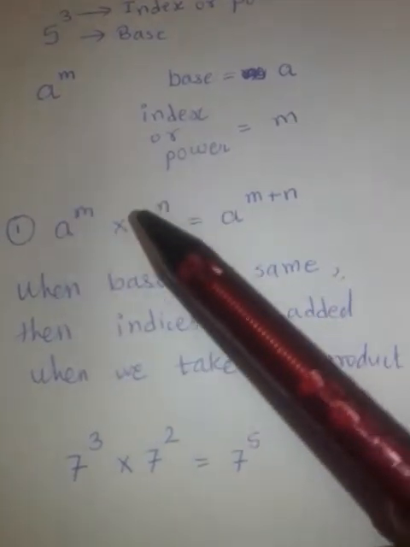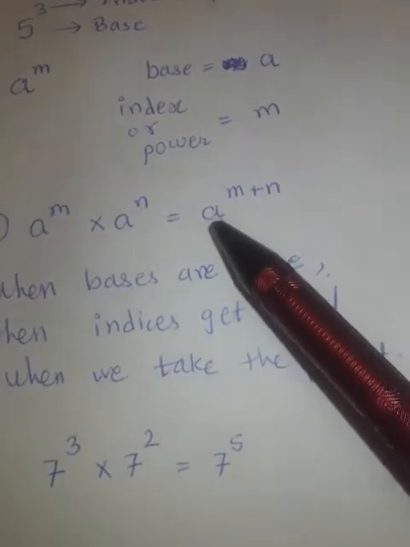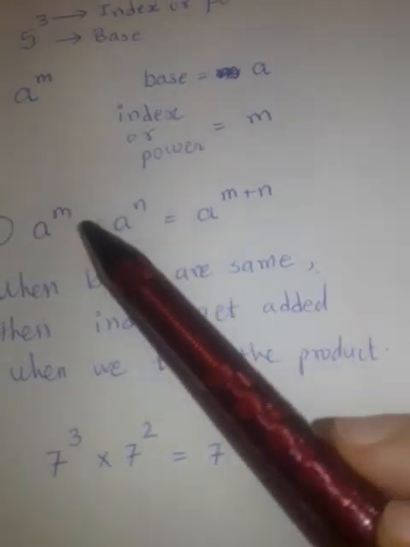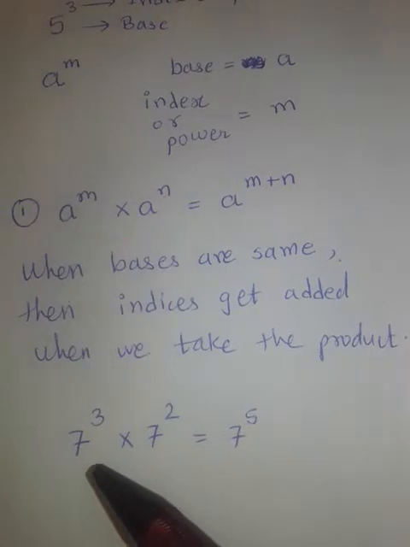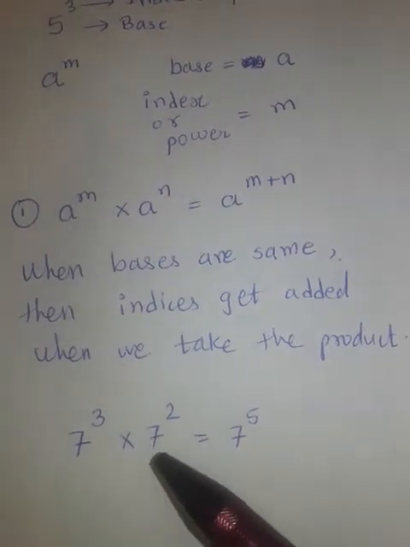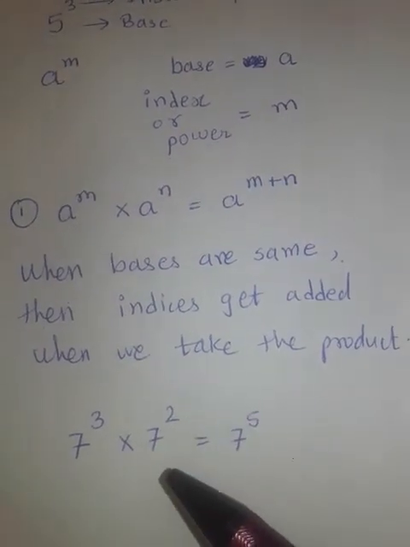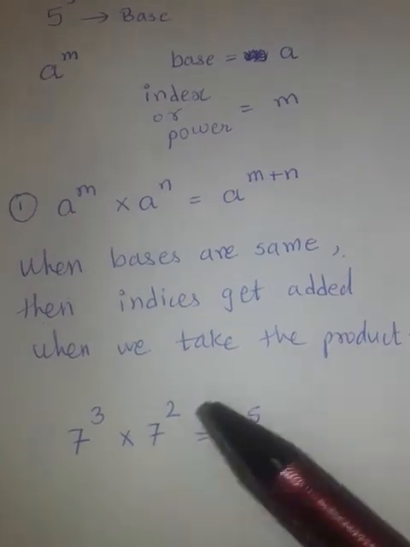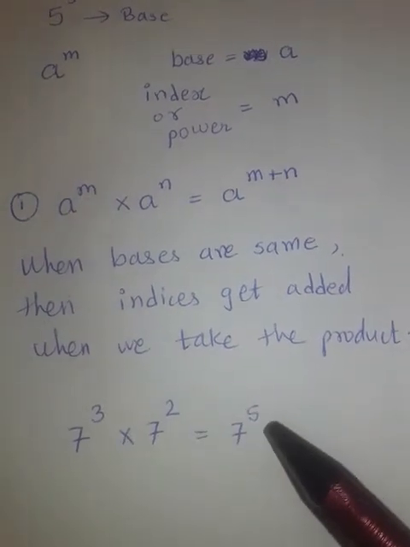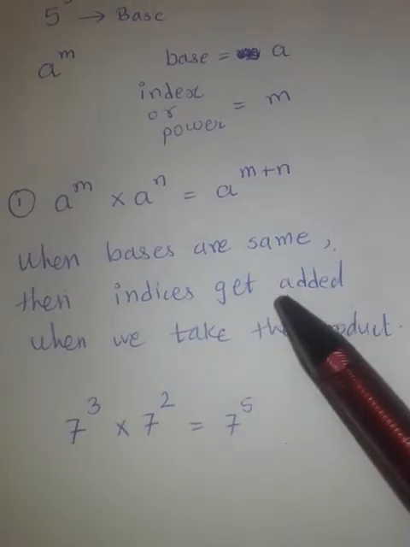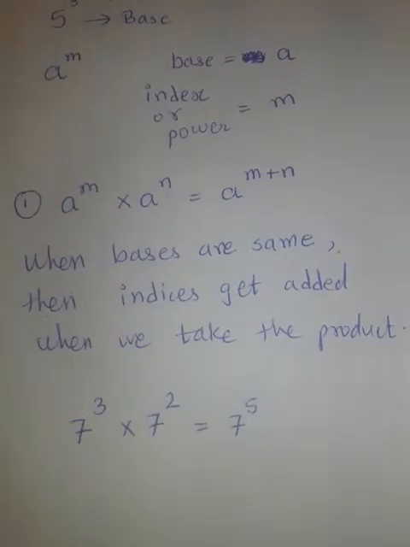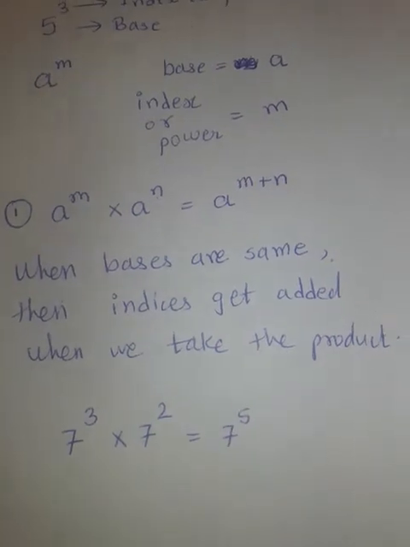In such a case, when we take the product, a comes as it is, but these indices get added. If we take a numerical example, 7 cube multiplied by 7 square, what will it be? 7 raised to 3 plus 2, that is 5. So when bases are the same, the indices get added when we take the product. Let's see the next rule.